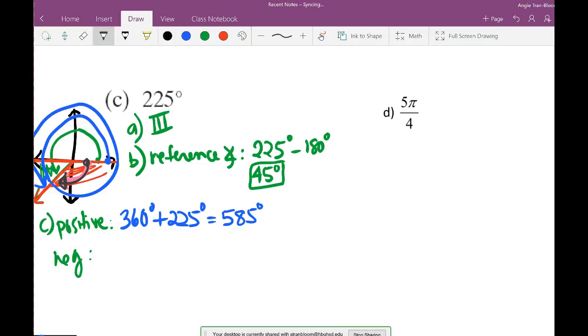Would that be okay to stop for negative coterminal? Yeah, I don't have to go a full revolution, class, because it's already different from the original. So how big is that? If I just count, how big is that? 135. Positive or negative answer? Negative, okay? Or you can take negative 360 plus 225, which equates to a negative 135.